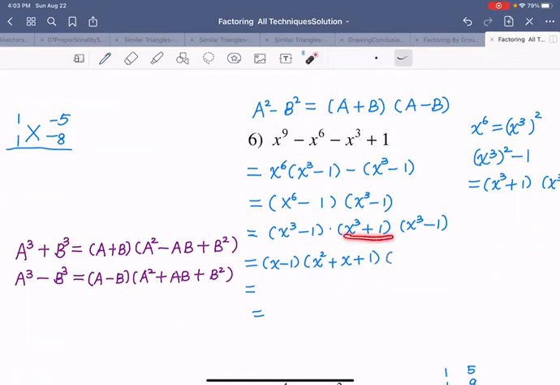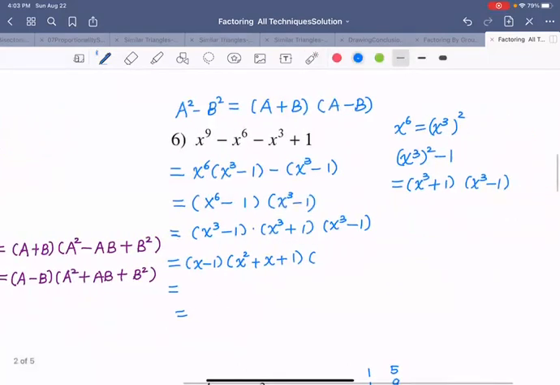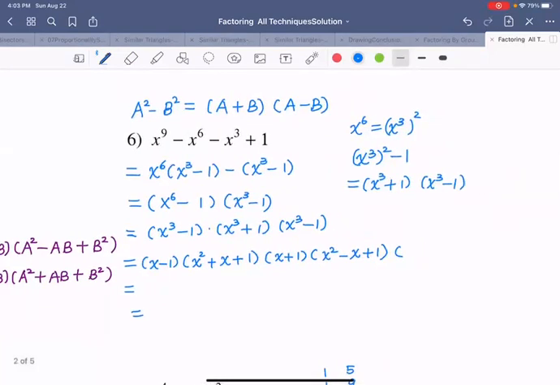And then times x plus 1 times x squared minus x plus 1. And then copy, so x minus 1 times x squared plus x plus 1.